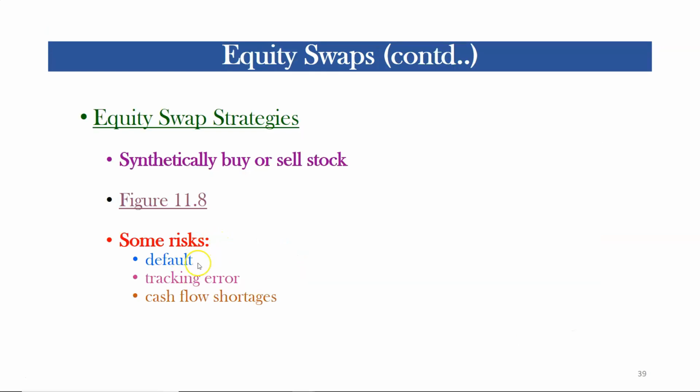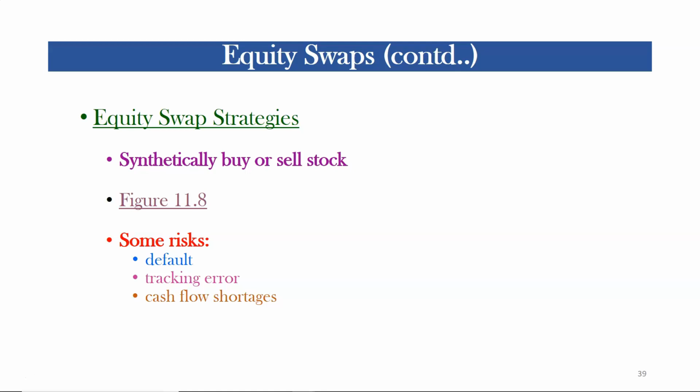It must be noted that there is default risk in equity swaps like any other over-the-counter contract. Also, tracking error may cause imperfection as the equity in the swap and the actual portfolio may differ. Also, there is a risk of cash flow shortages as the returns on the swap are actually paid in cash. However, the underlying portfolio or stock may have significant unrealized capital gain.